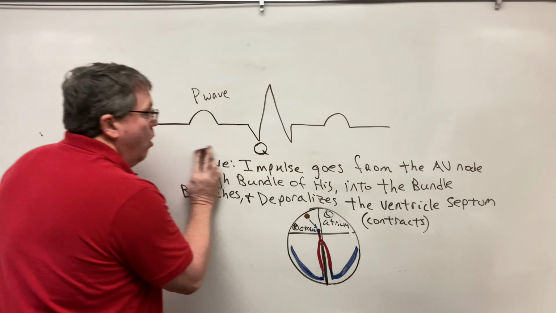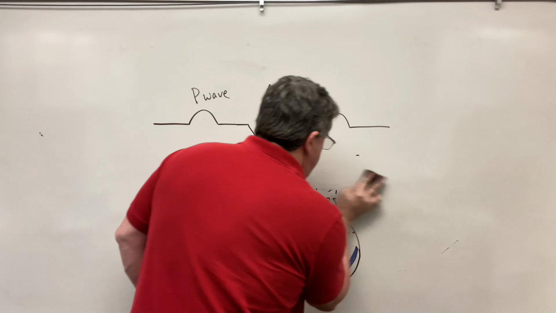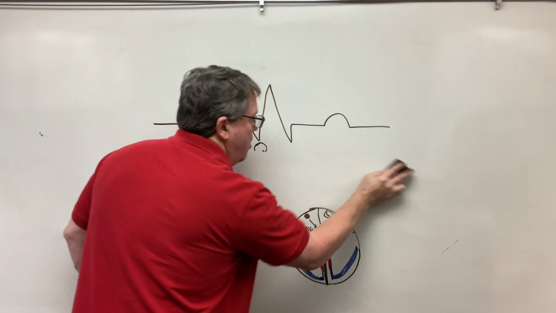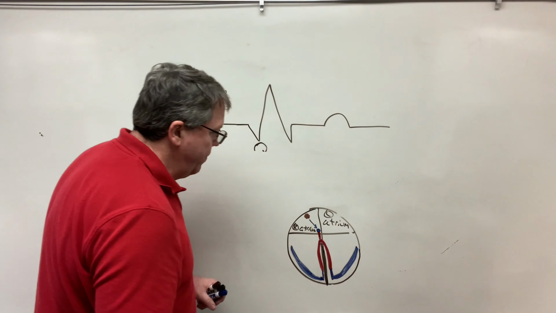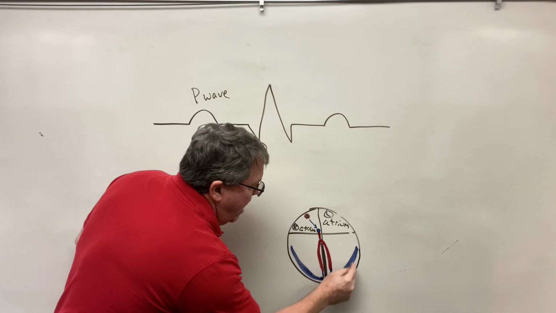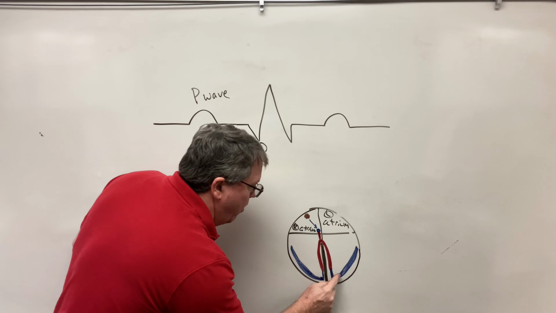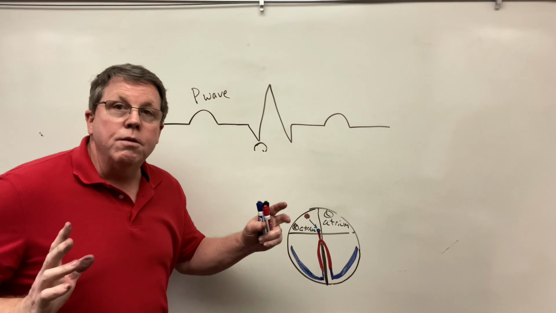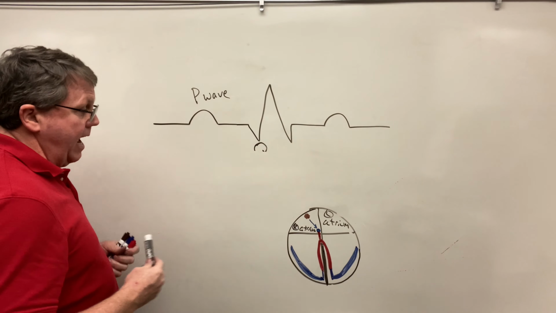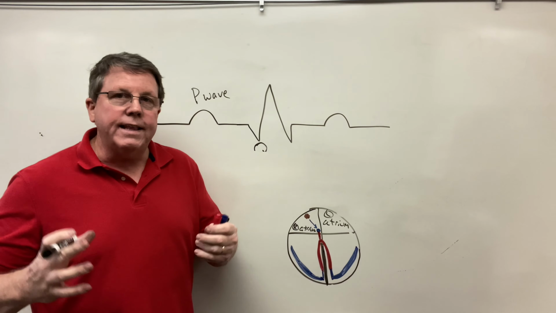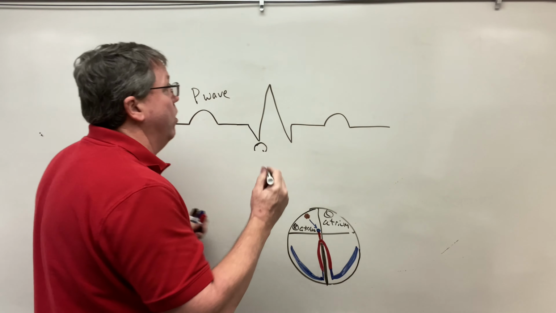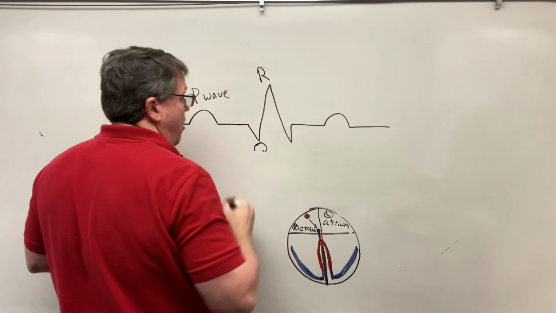So what's going to occur now is that impulse is going to come down and start to go into this part of the branches here to make the ventricles contract. And because those muscles are so thick, they require a lot of electricity to make it work. So this is going to be our R wave.